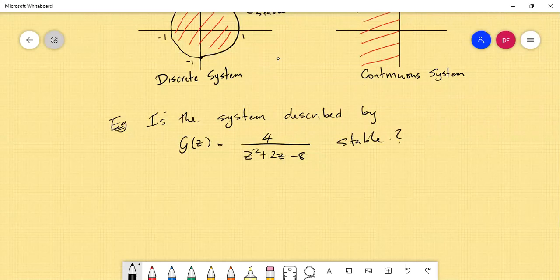All right, so we ask the question, is the system represented by G(z) = (2z + 4) over (z squared + 2z + 8); let me put plus 8 to make it more interesting, stable or not?